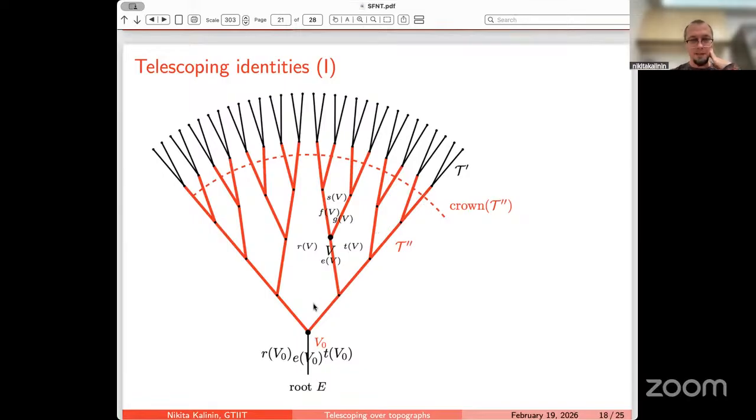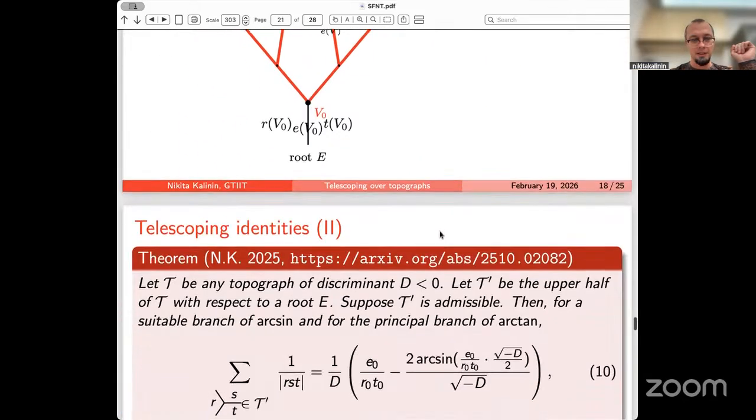And then I define a function. I take a sum of this function over the vertices here. Then I have some cancellation. So I have a term corresponding to the root and terms corresponding to the kind of crown of this tree, the terms at the boundary. And it's possible to find the limit of the terms at the boundary, similarly in the simplest case. So that's the whole idea.